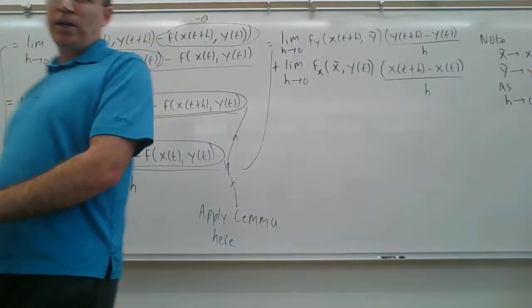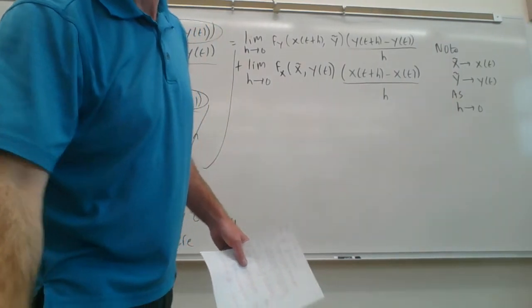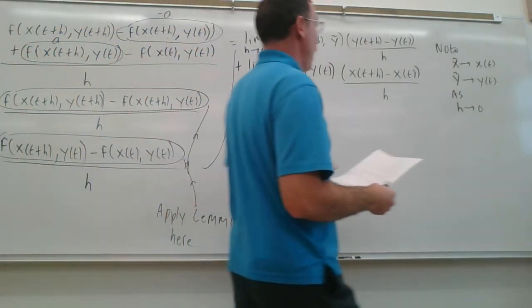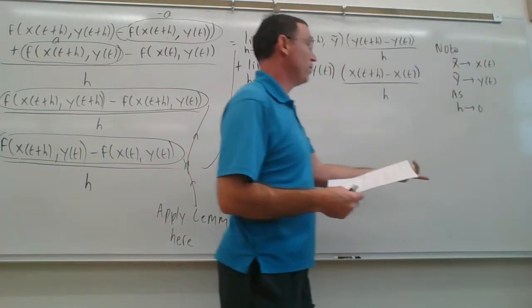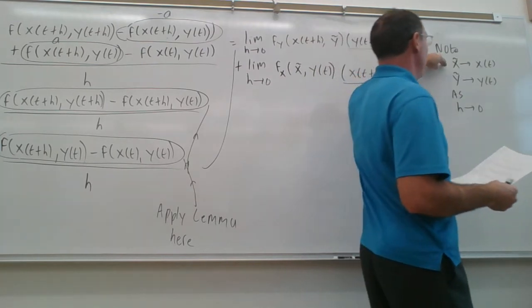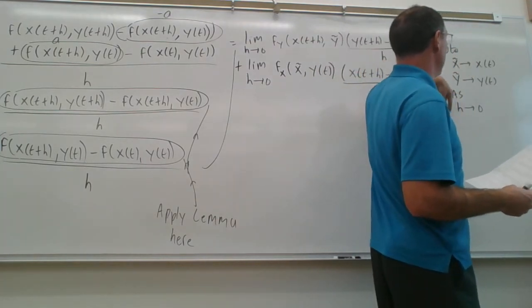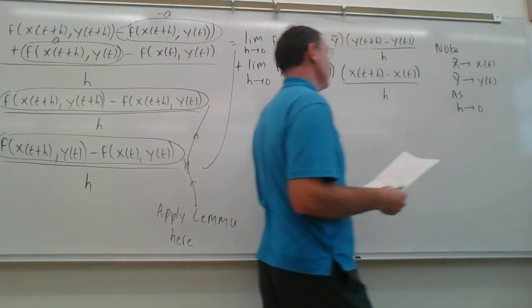Let you think about why that should be the case. The reason is because x tilde is between, look back at the proof of Lemma 1, x tilde was between x(t) and x(t+h), but if h goes to 0, then it's going to be forced to go to x(t). Same for y tilde.